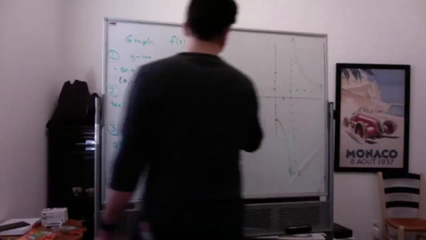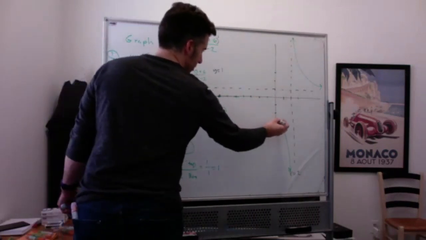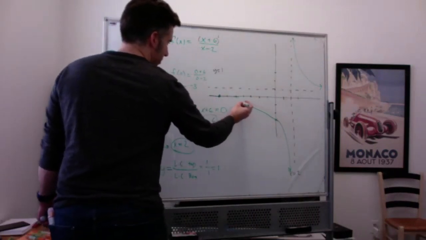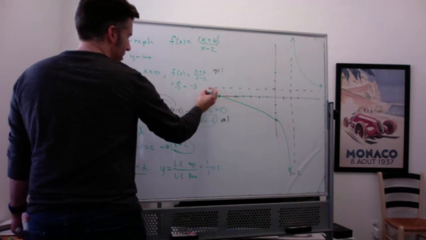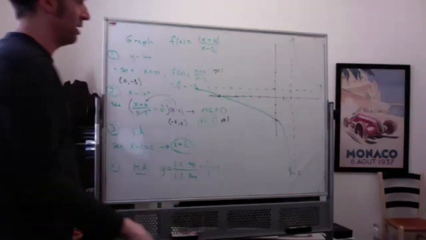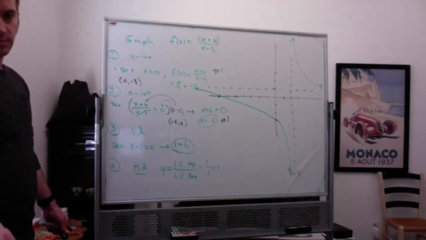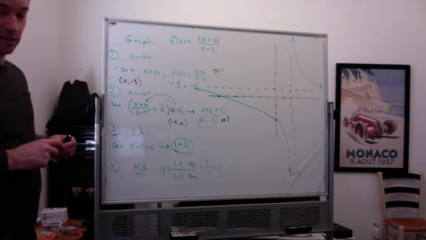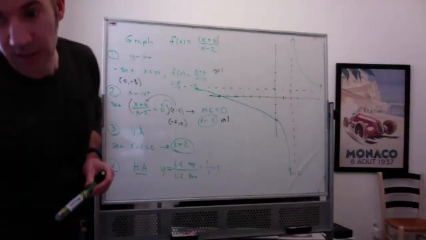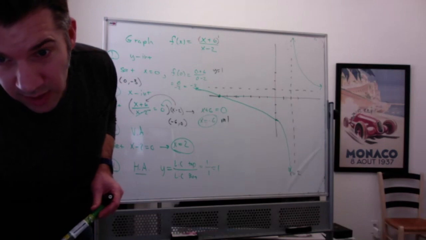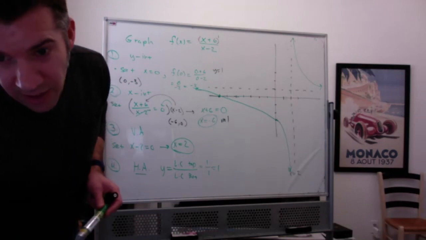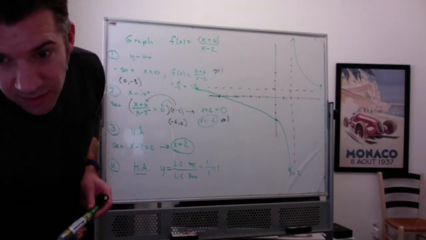On the other side of the y-axis, we have to go this way. We have to get to our x-intercept, we cross, and then we keep getting closer and closer to our horizontal asymptote. And again, my picture maybe doesn't look the best, but that's how it looks. I will also point out, my picture doesn't look very good on the notes either.